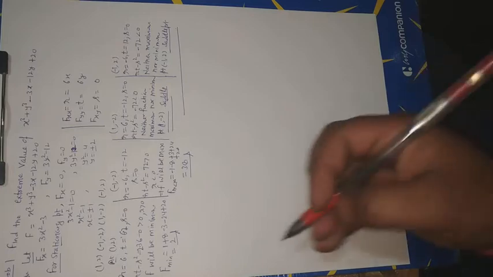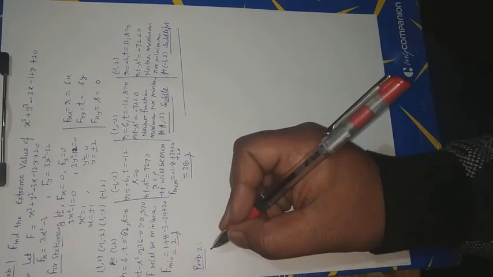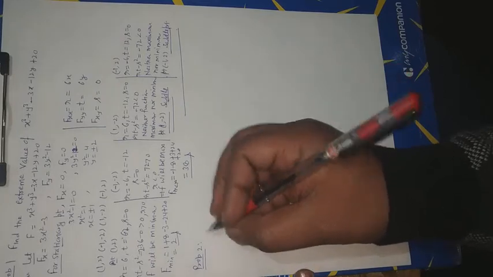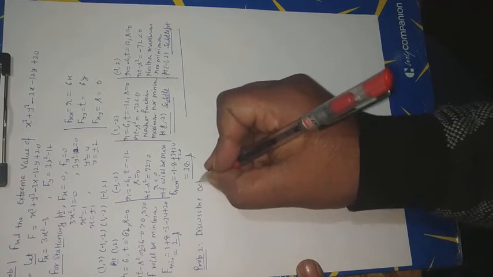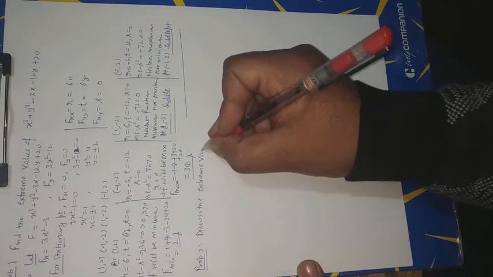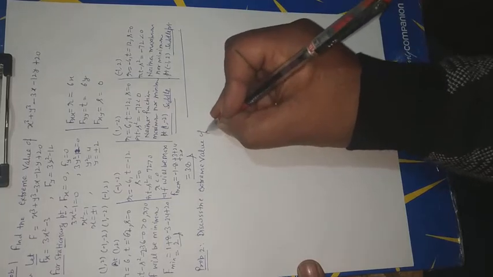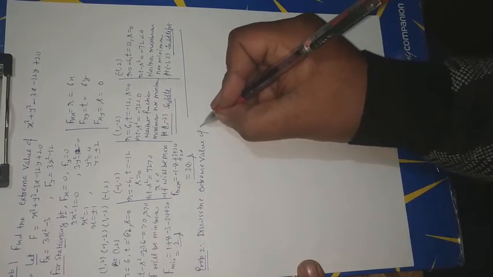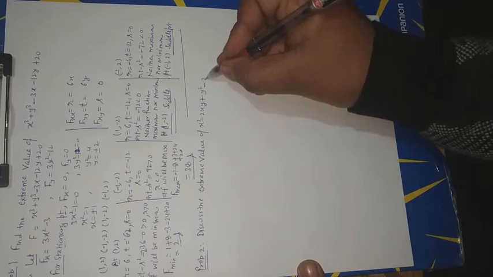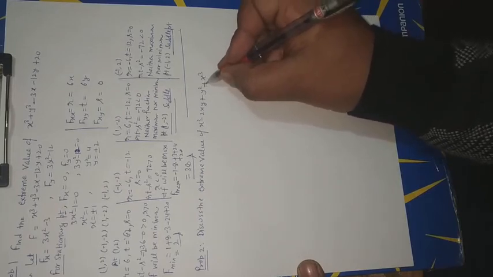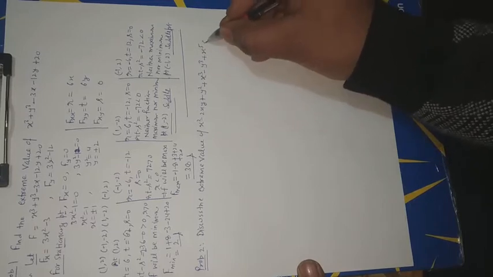Now next problem, number 2. Discuss the extreme value of x square minus 2xy plus y square plus x cube minus y cube plus x to the power 5 at origin.